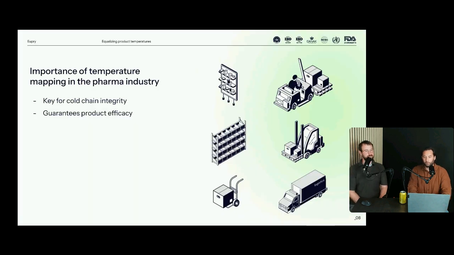So moving on here a bit. Why is mapping important in the pharma industry? First of all, it is critical for the critical touch points in the cold chain that we have in the life science industry.